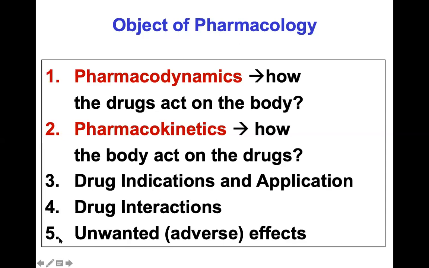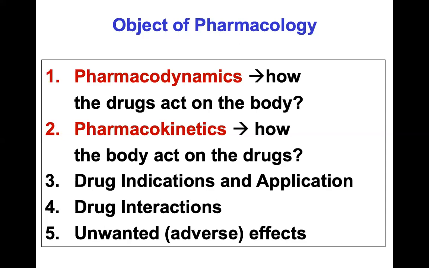Then the fourth point is drug interactions. That means how drugs interact. If you give 2 or 3 drugs at a time, how will the drugs interact among themselves? There can be a summative effect, there can be an antagonistic effect.